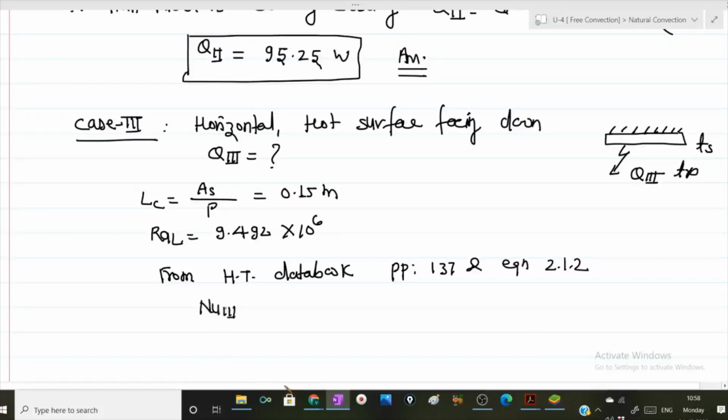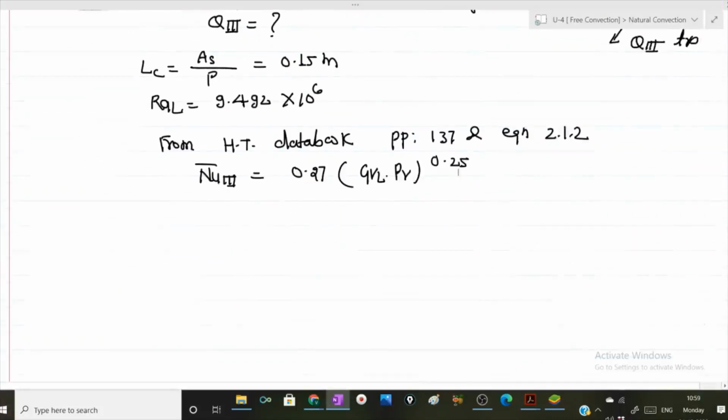Nu bar is equal to 0.27 (Gr_L Pr) power 0.25. So let us once again put all the values.